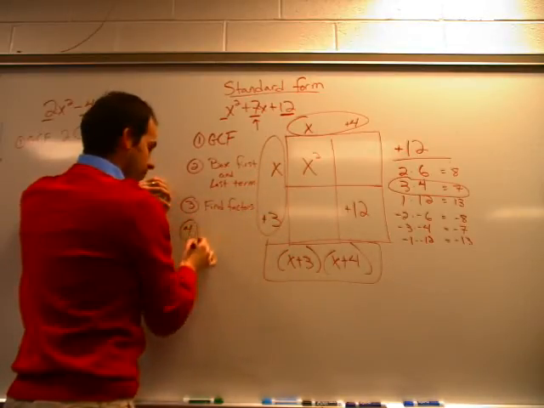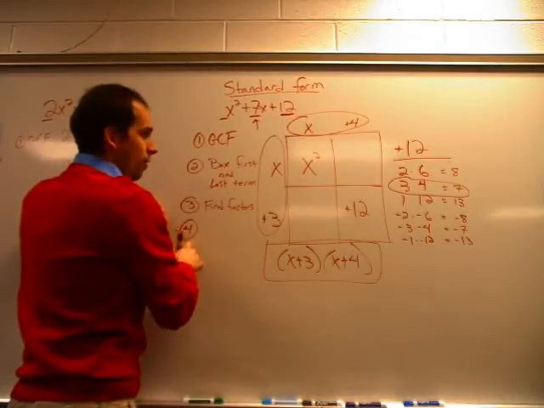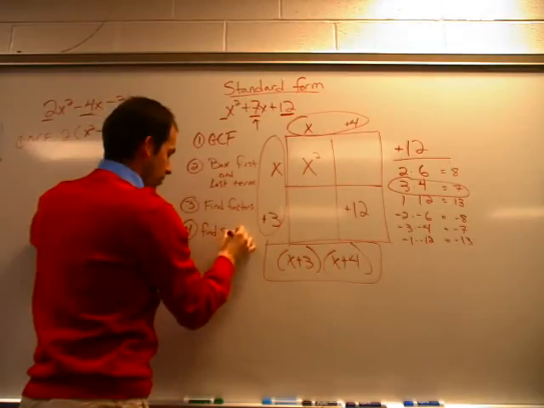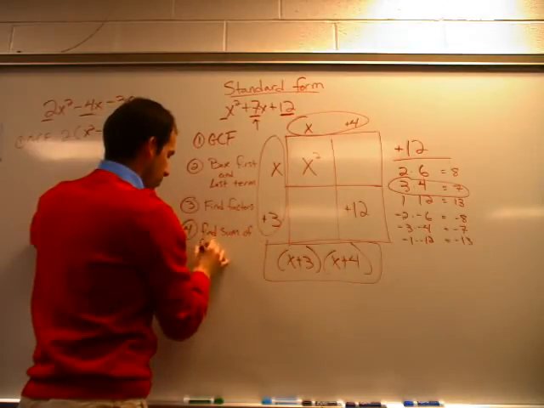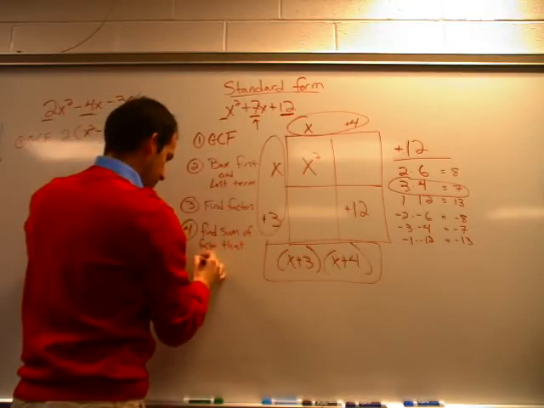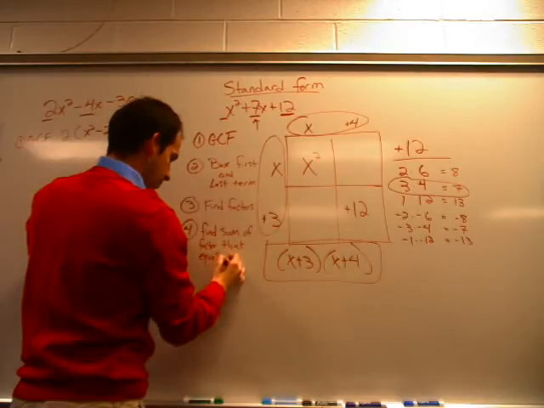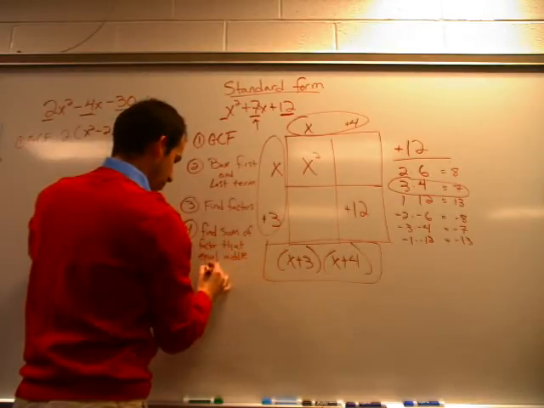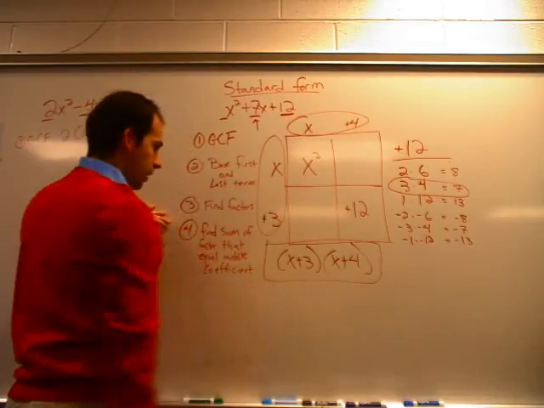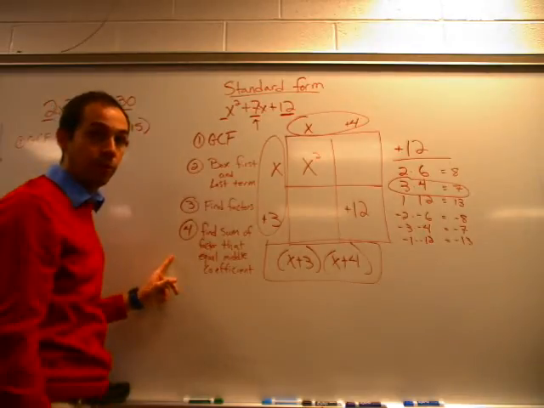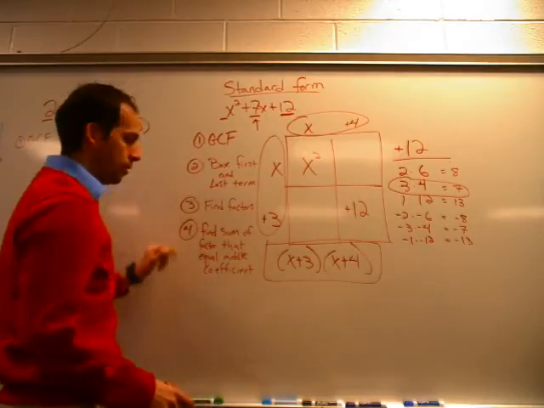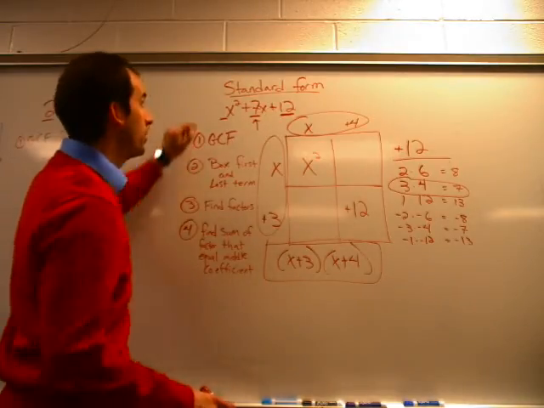Fourth, we want to find the sum of factors. And you're going to find the sum of the factors that equal the middle coefficient. So this is the piece that will help you with these particular problems.